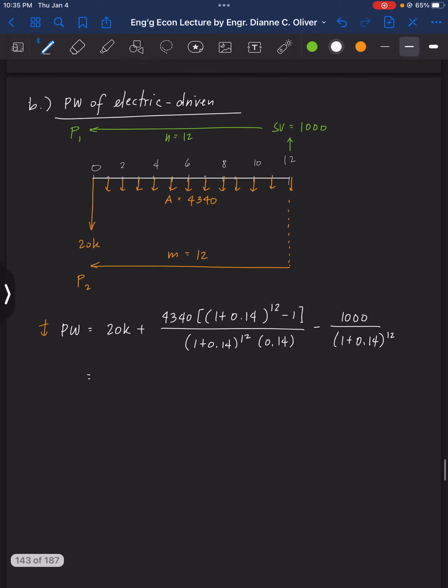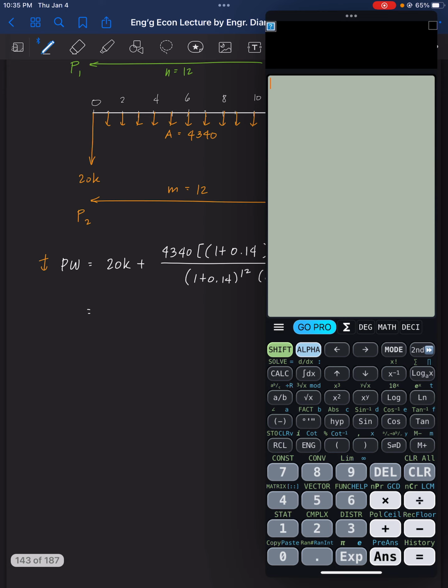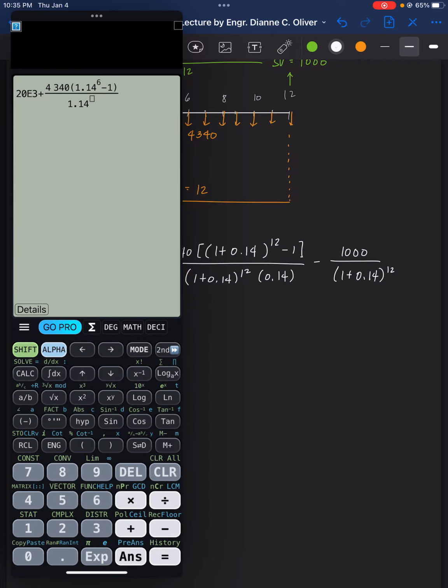So what's the present worth? 20,000 plus 4,340 times (1.14 raised to 12 minus 1) all over 1.14 raised to 12 times 0.14, minus 1,000 over 1.14 raised to 12.